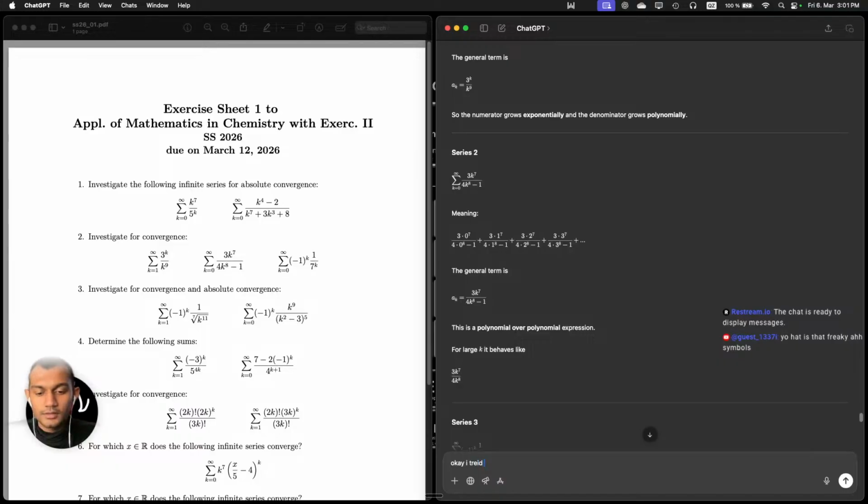I tried solving for series 1 and 2, and looks like I got diverging series for 1 and converging for 2.